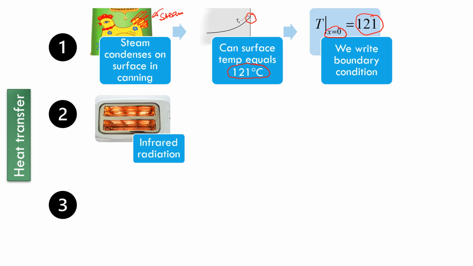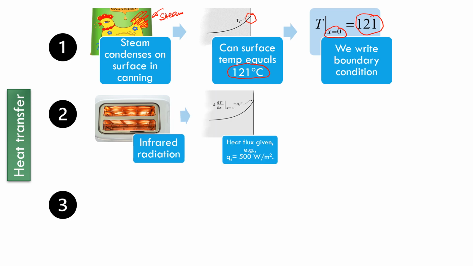Likewise, for the second type of boundary condition, let's say we have infrared radiation, like from a grill inside a toaster oven or a toaster. It has those elements that are heated, and when heated they are giving out radiative flux. It doesn't matter if your toast is completely burned, it will still give out that same flux.